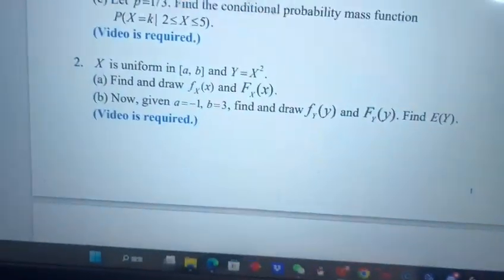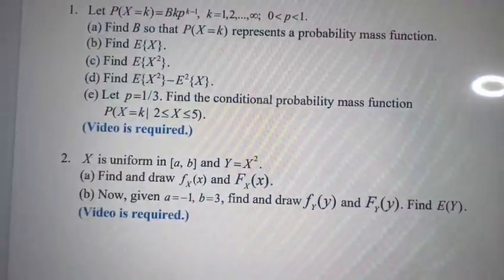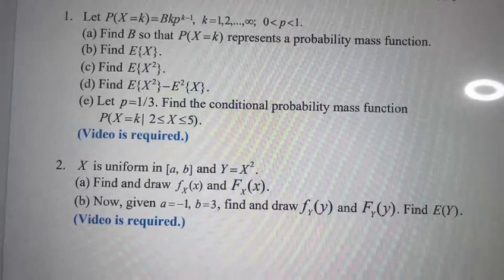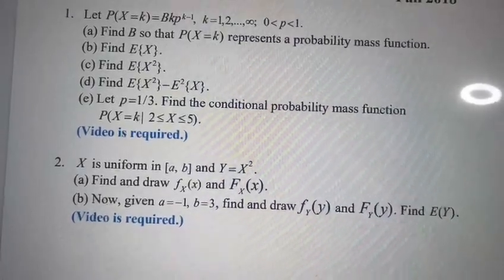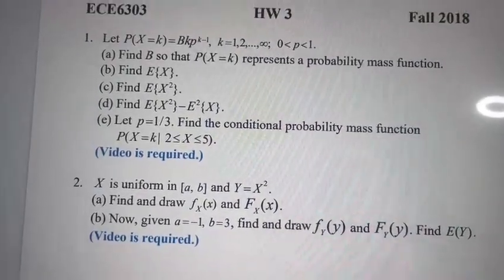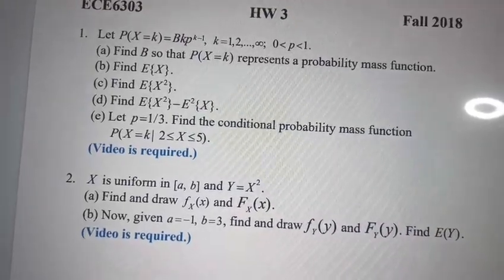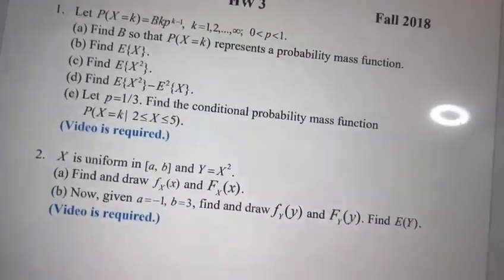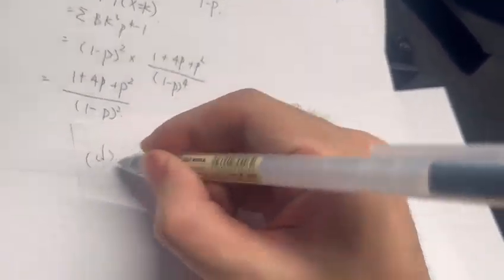So for part D, it asks us to find the expected value of x squared minus the expected value of x, squared. So it's very simple. We just need to use the answers we got from part B and part C to solve this.